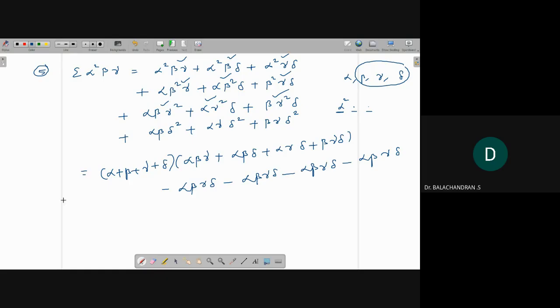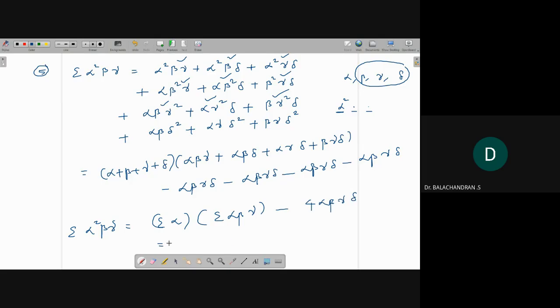So from this, you can easily write now: summation alpha square beta gamma is equal to summation alpha times summation alpha beta gamma minus 4 times alpha beta gamma delta.